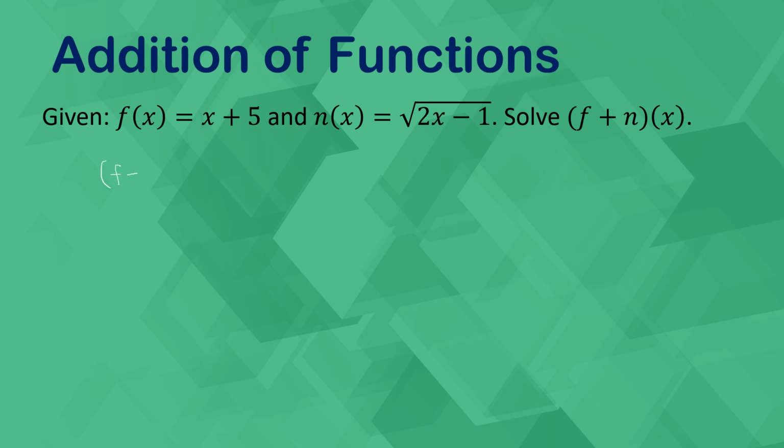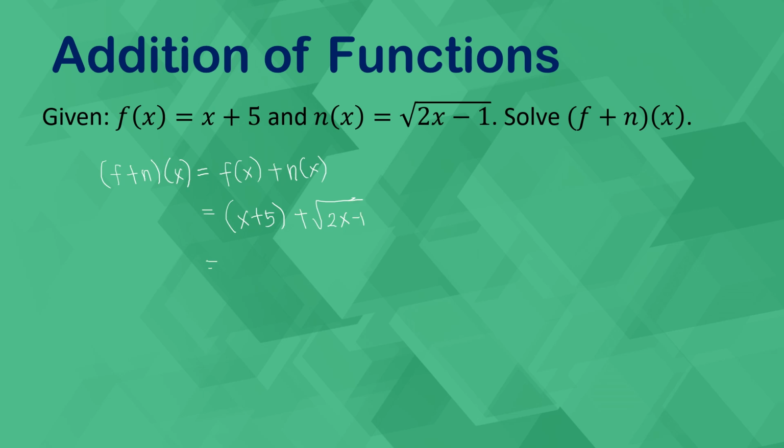Okay, so f plus n of x is equal to f of x plus n of x. We substitute the functions: x plus 5 plus square root of 2x minus 1. Okay?